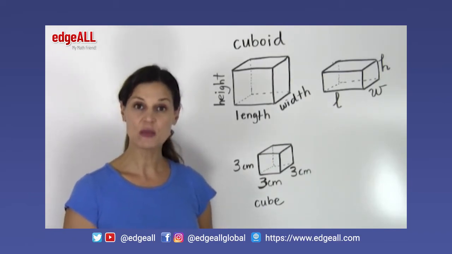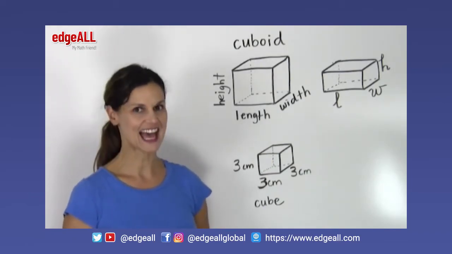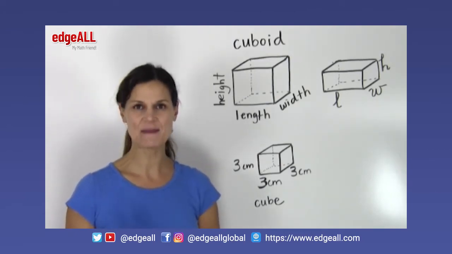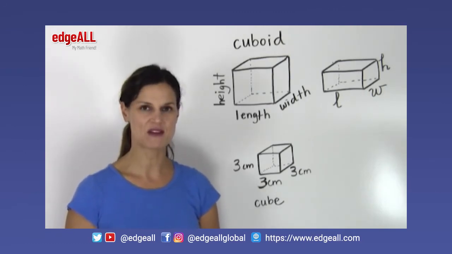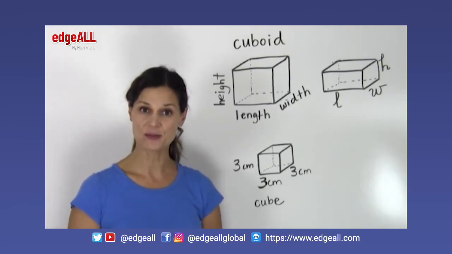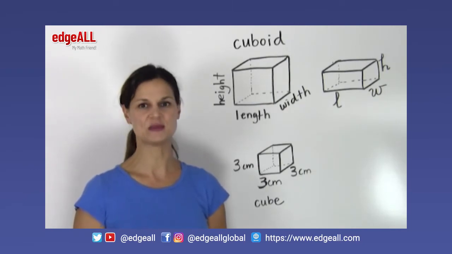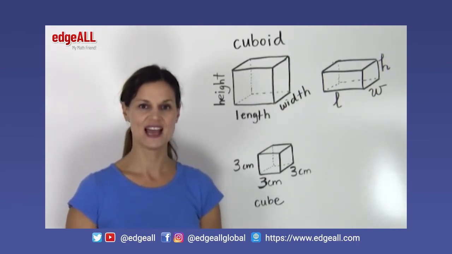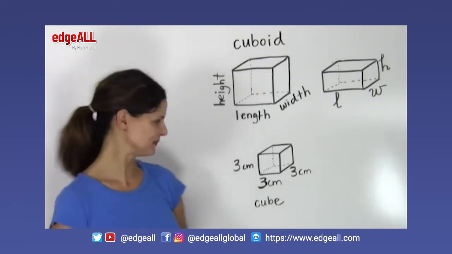Now, with a cuboid, if the length, height, and width are all exactly the same measurement, are all equal, then we call this type of cuboid a cube. A dice you use to play board games is a cube-shaped object. So a cube is a special type of cuboid.